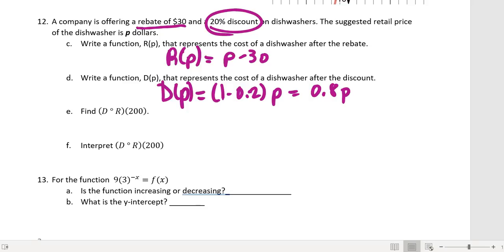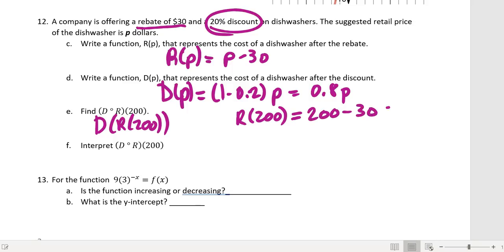Now, find D composed with R. And instead of being x, we're going to put a 200 because now we know that our input is 200. So what I need to first find out is what is R then at 200? So I know R at P is P minus 30. So I'm going to say 200 minus 30, which will be 170.